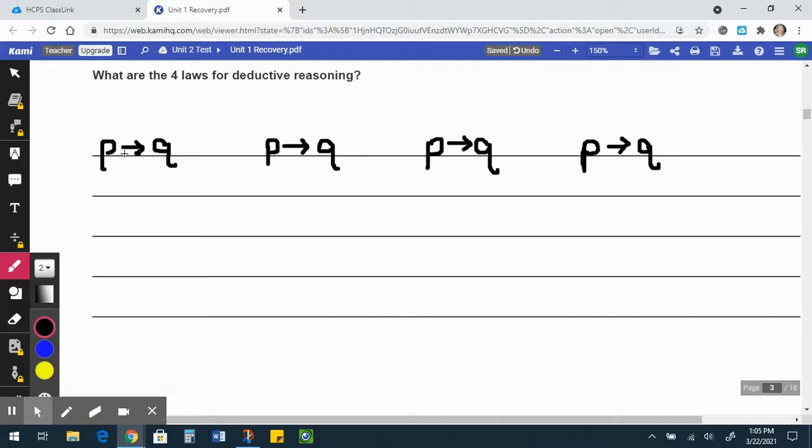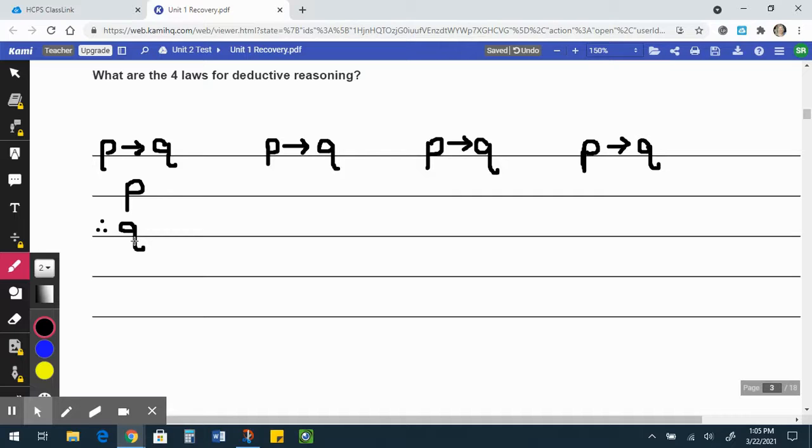For our first law, statement number 2 takes the hypothesis P and it repeats it. So it reminds me of Pikachu from Pokemon. Pikachu, Pikachu, PQ, PQ.